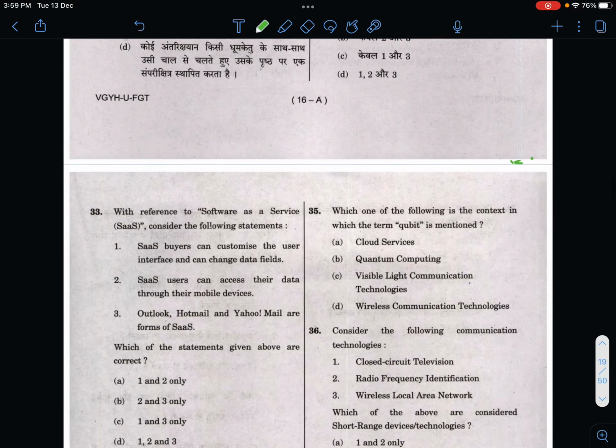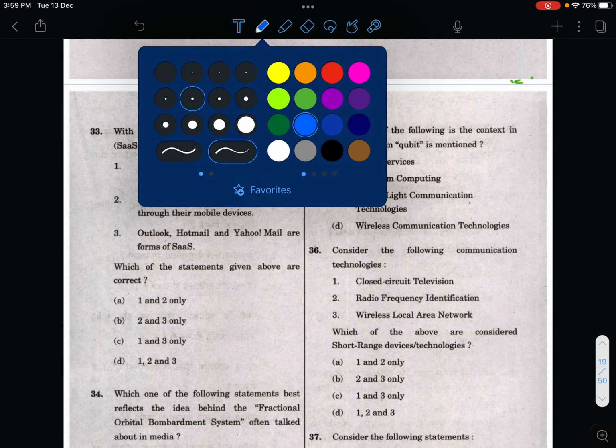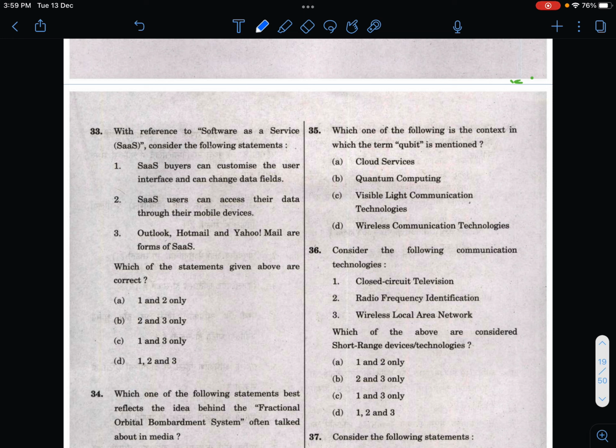So I think you're now able to appreciate the pattern, and I'm certain that as we move forward, this pattern is only going to become more and more vivid and clear to you too. So coming to question number 33. Question number 33 says, with reference to SaaS, software as a service, consider the following statements.